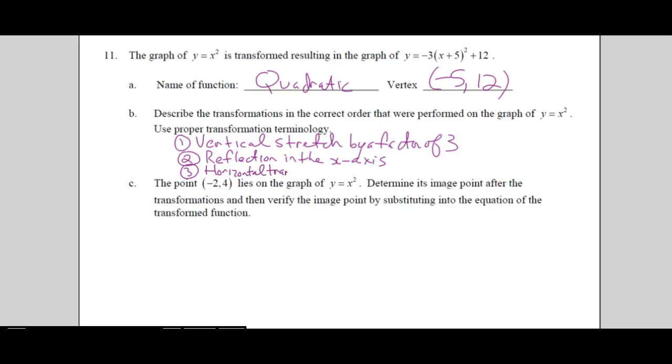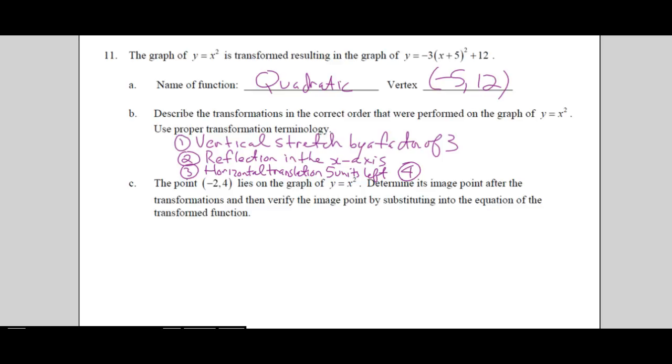Which way, how much, or how much, which way? 5 units left. And you could also say left 5 units. I don't really care, but if you say horizontal translation, it must be followed by the word left or right and a number, or by a number and then left or right.